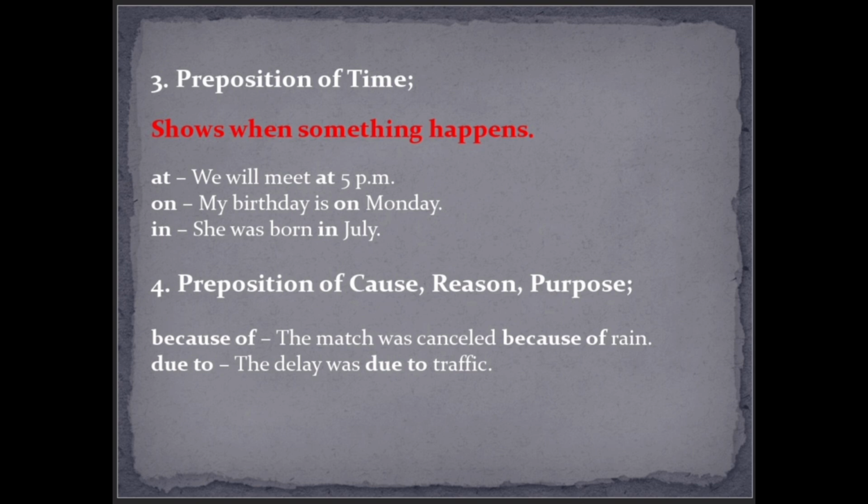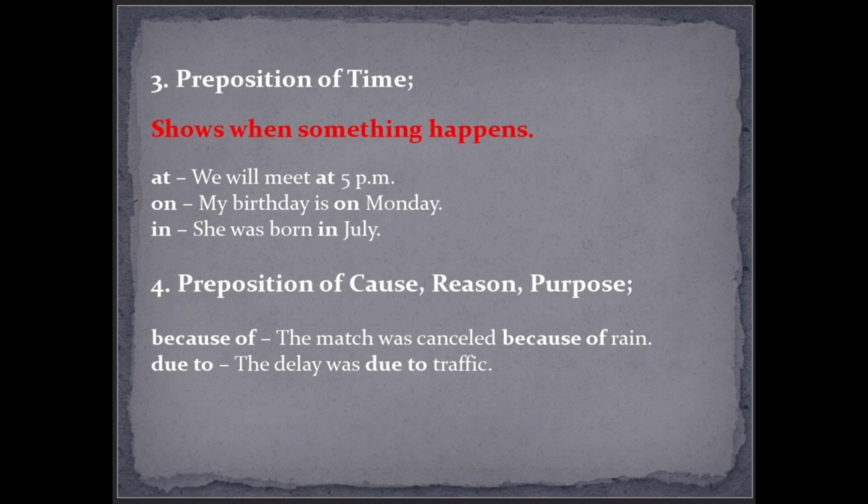Third example, she was born in July. Here in is used to show a month, year, or a longer period of time. Okay. So with these kinds of prepositions we come to know in which month, which year, or which longer period of time something happened.